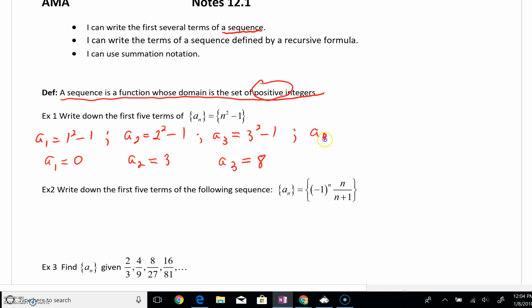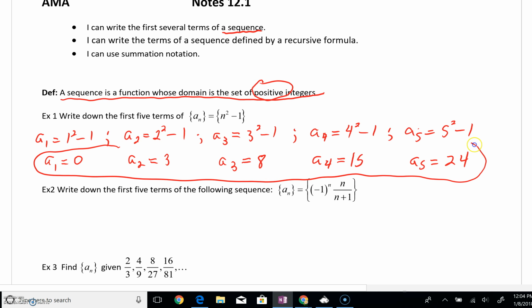And we're almost done with this first problem. Plug in a 4 for n. 4 squared minus 1, that's 16. 16 minus 1 is 15. And then finally, our fifth term, a sub 5, we'd have 5 squared minus 1. 5 squared is 25, so 25 minus 1 would be 24.